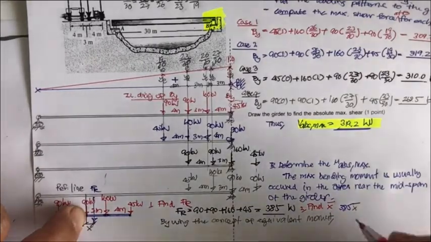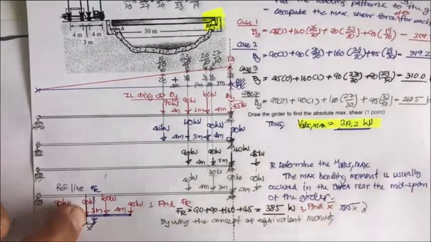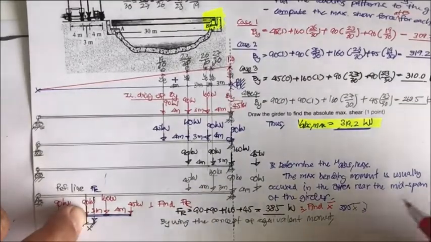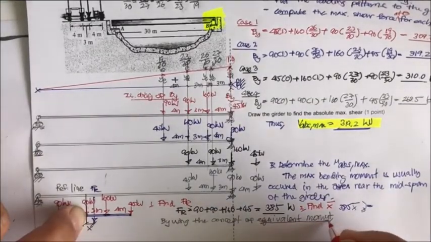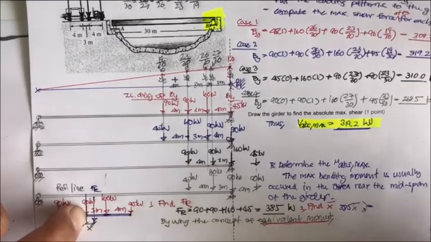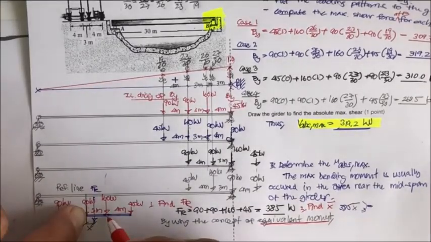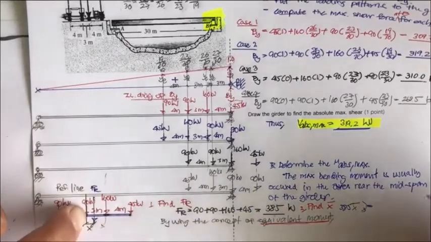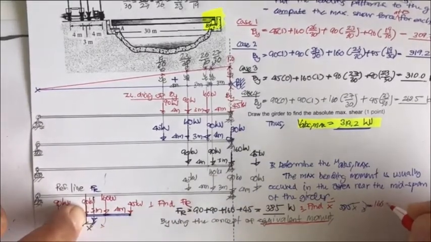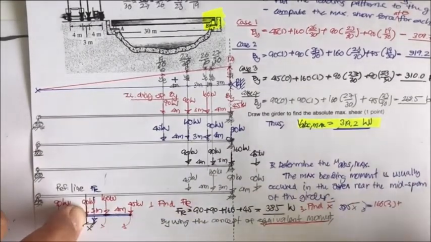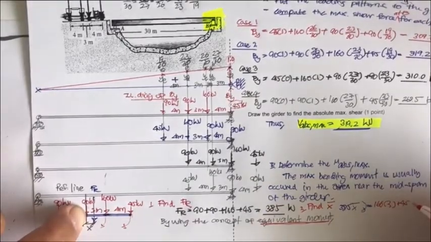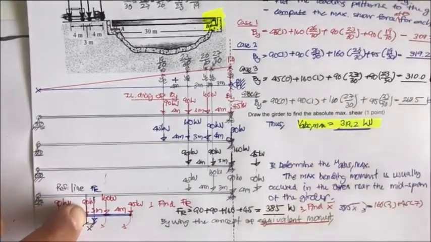And this moment rotates in this clockwise direction, so it's going to equal to what produces the equivalent moment, rotating in the same direction. 160 times 3, it's going to rotate this way, so 160 times 3, and 45 is going to rotate this way times 7, plus 45 times 7.